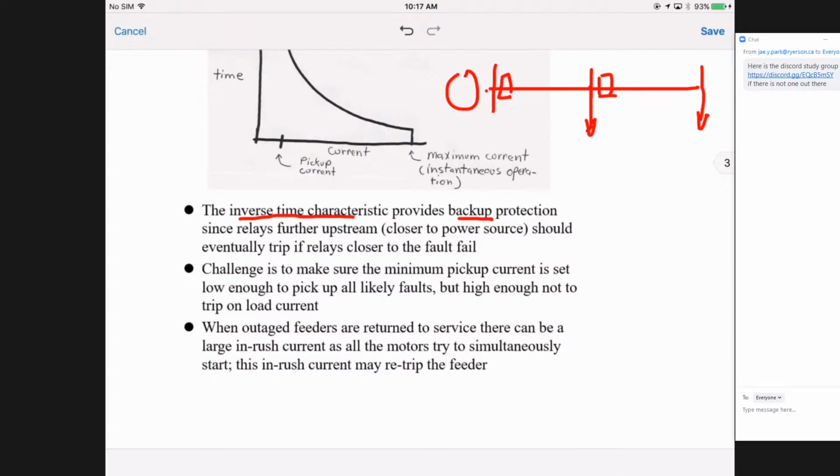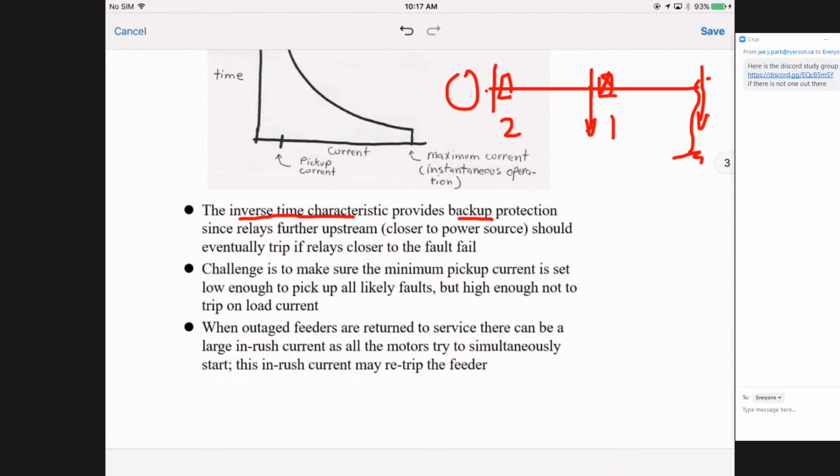If there's a fault along this line, this breaker, say breaker 1, and this is breaker 2, breaker 1 will operate first and open it up.